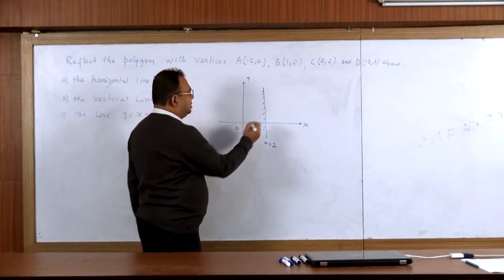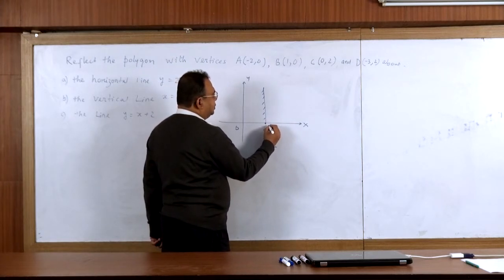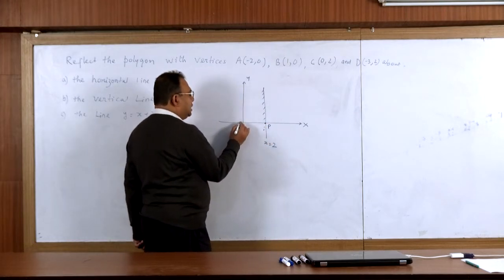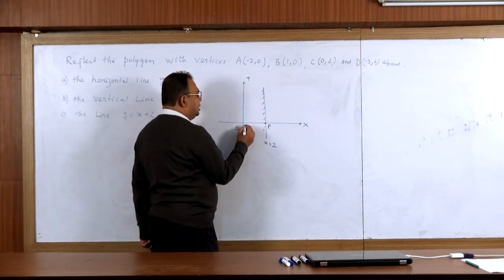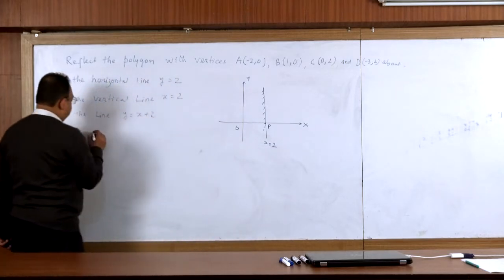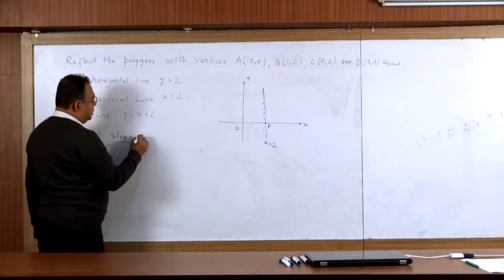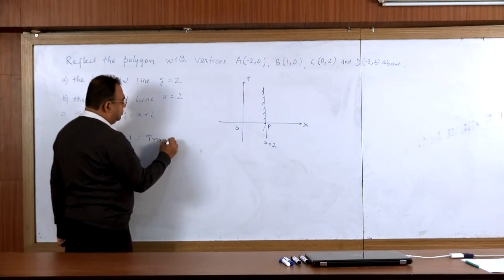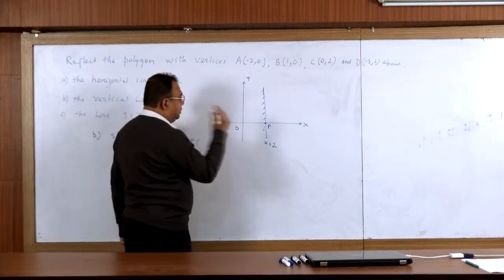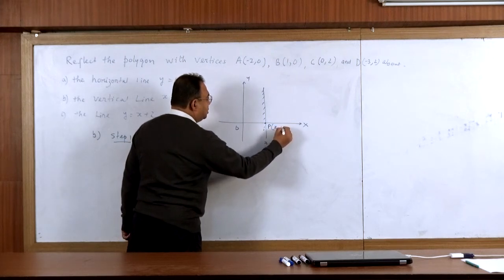So, for that purpose we need to translate this point, say this point is P, so that P coincides with the origin 0 0. Here the first step for B, step 1, translate P, the coordinate for P is x is equal to 2 and y is equal to 0.